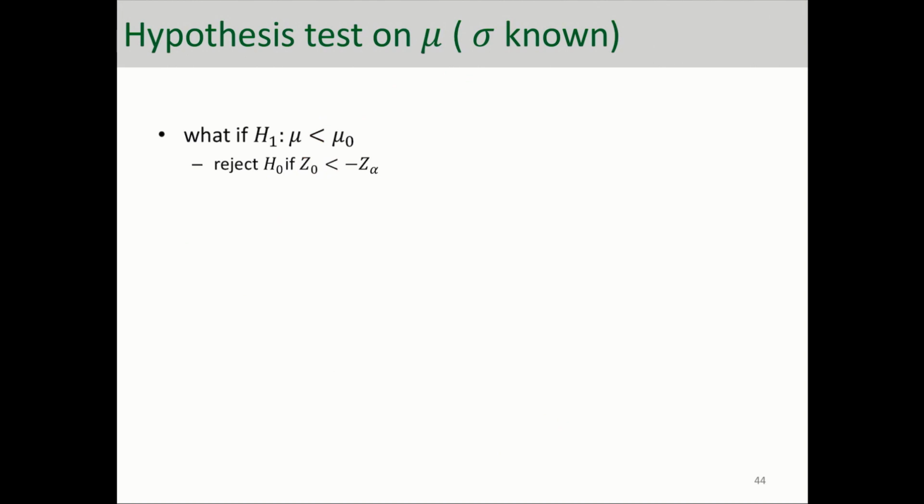The opposite of that is when you have a one-sided hypothesis where mu is less than mu naught. Again, mu naught is a number. In that case, you reject the null hypothesis if your test statistic is less than negative z of alpha. How would that look? You can probably guess. You would have your critical region to the left of the normal distribution, and this value right here, which determines your critical region, is negative z of alpha.